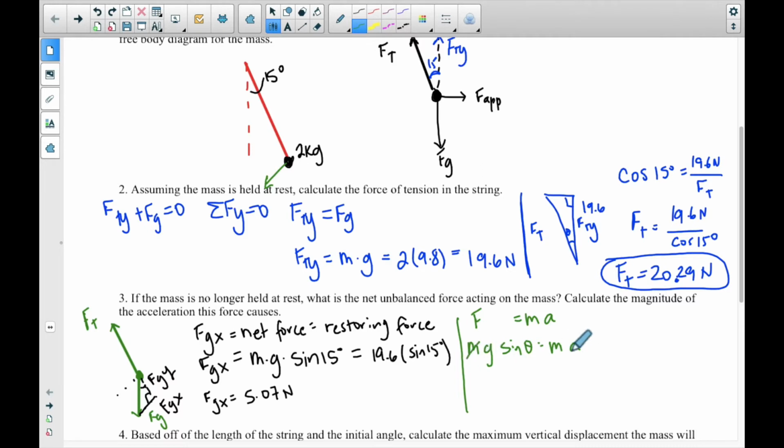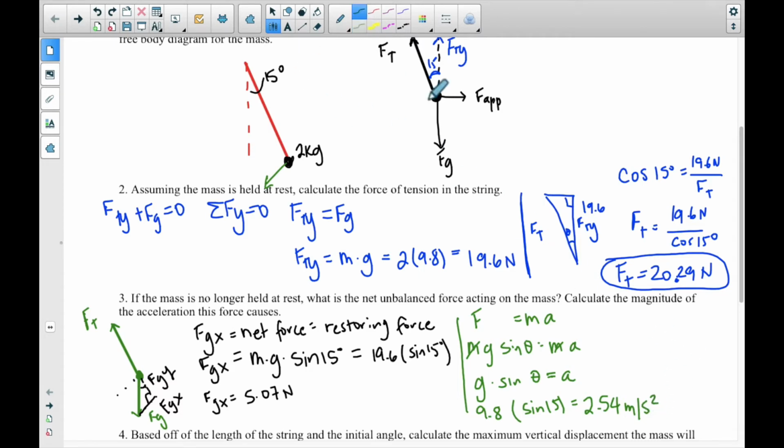Well, the masses cancel, right? So now we just have g times the sine of theta is equal to our acceleration, and that's what we're looking for. So let's take g, 9.8 meters per second squared, times the sine of 15 and see what we come up with. So use your calculator and see what you get there. And I'm getting 2.54, and this is acceleration, so that is meters per second squared.